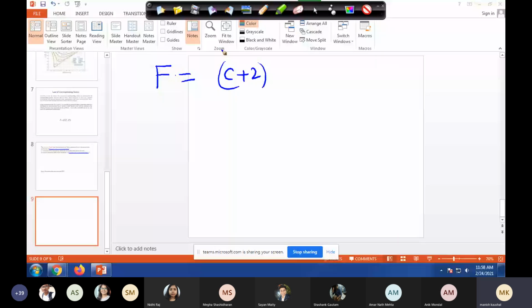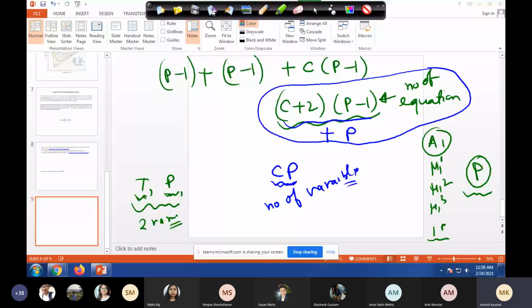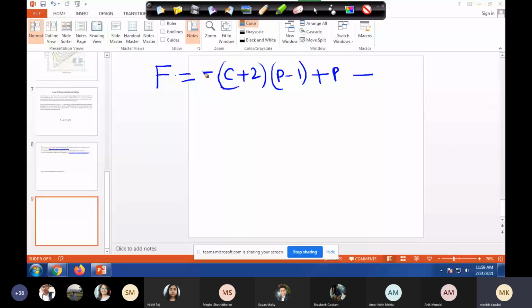P minus 1, plus P minus, oh no, it should be otherwise. Number of variables come first. So this is minus, and this is plus. Okay. Let's do it properly.